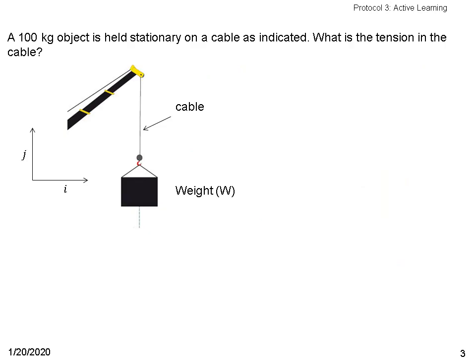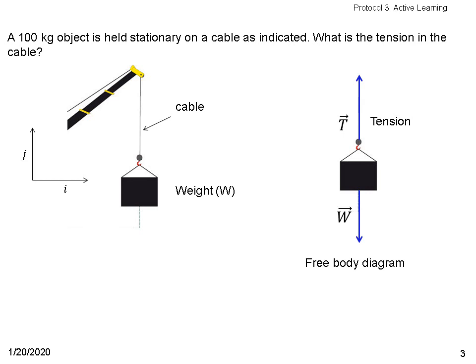Consider a simple example. A 100 kilogram object is at rest, hanging on a cable as indicated. Draw the free body diagram of the weight, write down the condition for static equilibrium, and then find the tension T on the spring. The free body diagram of the weight shows two forces, tension T and weight W, acting on it as indicated.